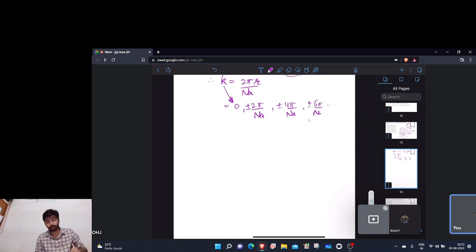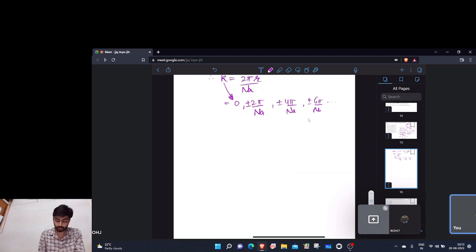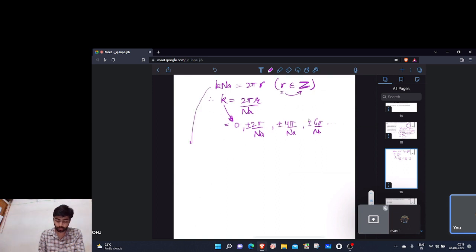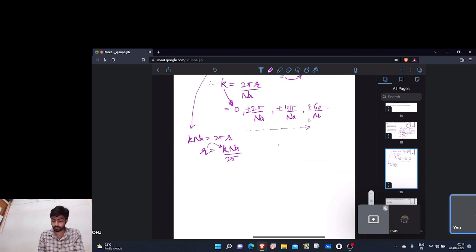Fine. Now there is another thing which we have to note here. We know that kNa is equal to 2 pi times an integer r, but how long can we go on like this? So r would be kNa divided by 2 pi. So r would be restricted by the highest value of k, and we know that the k values are restricted to the region 0 to pi by a.